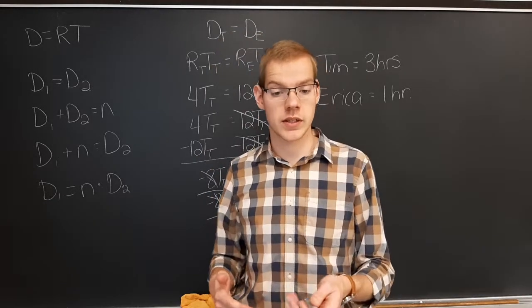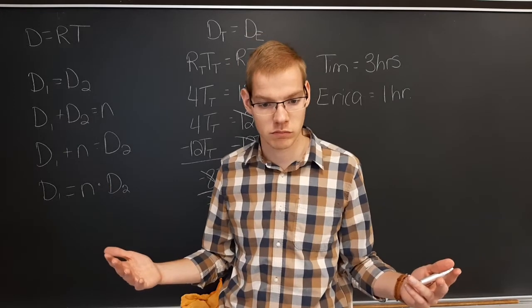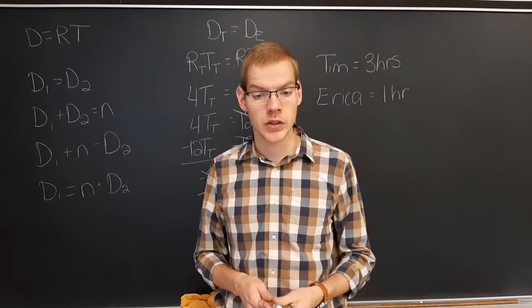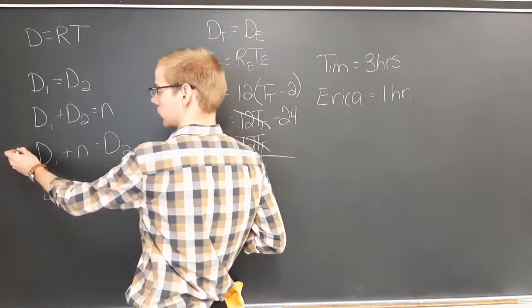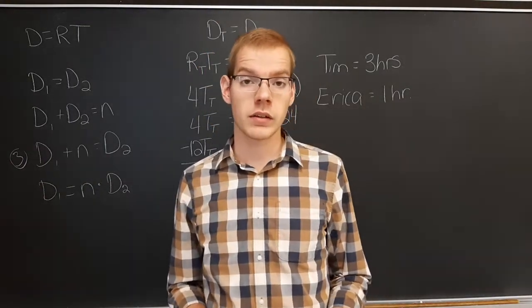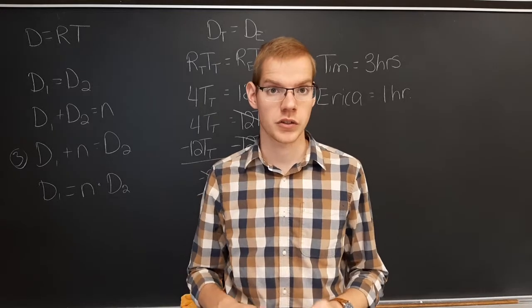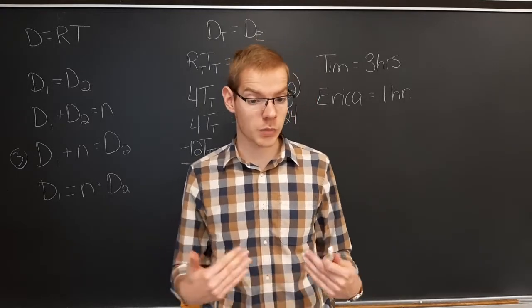The duck's distance plus 10 equals the goose's distance, sorry. So we would use this one for number 3. And then you can do that one on your own. If you want, you can pause it and do that one first and then go to the next. And then I'll read number 4.